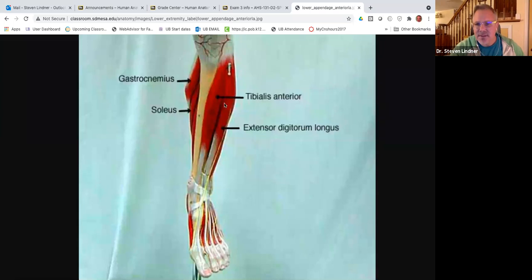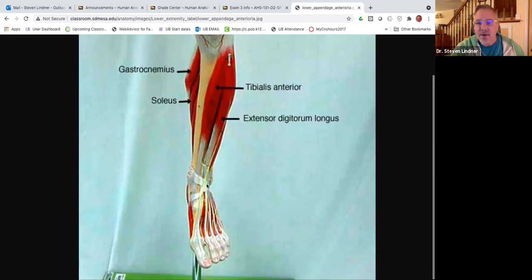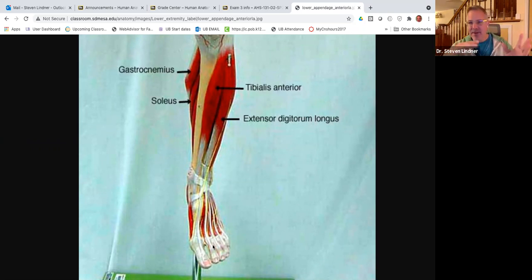These are muscles of the lower leg, where the tibia and fibula lie. They cross the ankle, so they have to act on the ankle. And some of them cross the toes, so they have to act on the toes. So I'm just trying to make a parallel. If you understand the concept of what happens in the upper extremity, similar thing happens in the lower extremity.